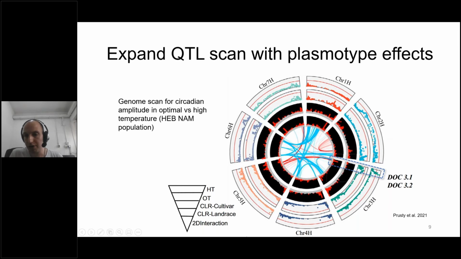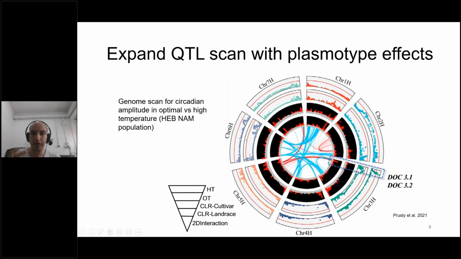The two outer shells show loci with significant association with amplitude under optimal and high temperatures, where we also discovered certain loci which lead, for example, to higher amplitude in the high temperatures only. So there is some kind of interaction between genotype and temperature.